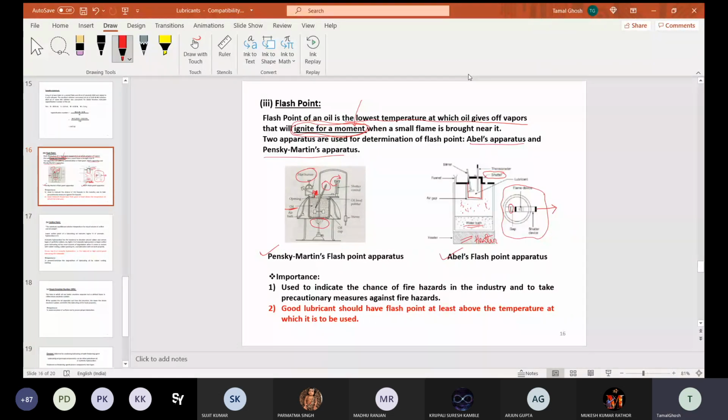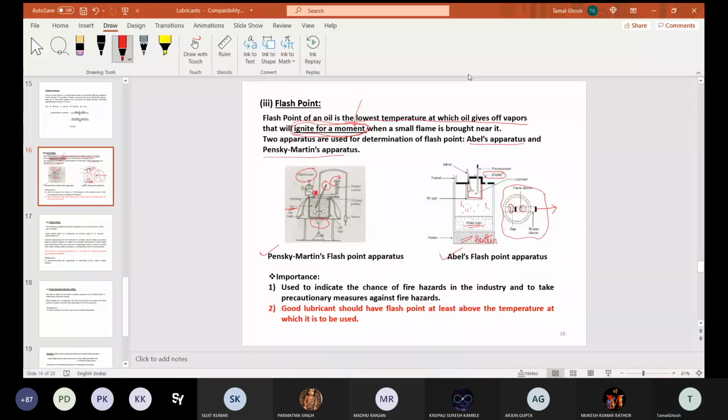It will go close to the opening, and if burning is observed, that is the lowest temperature at which this is observed, that is your flash point. So both are used for determination of flash point.